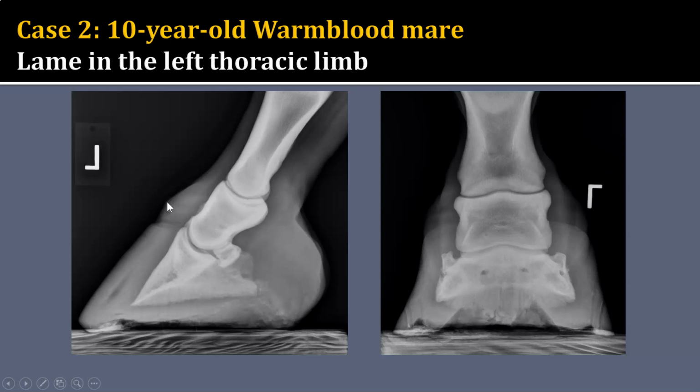I also notice this concavity in the region of the coronary band, although the distal phalanx, that extensor process is still fairly similar to the level of the coronary band. It may be a little bit low in that capsule. I don't really see too many other osseous changes. Ideally, we'd have that 65-degree DPO view, which I don't have.